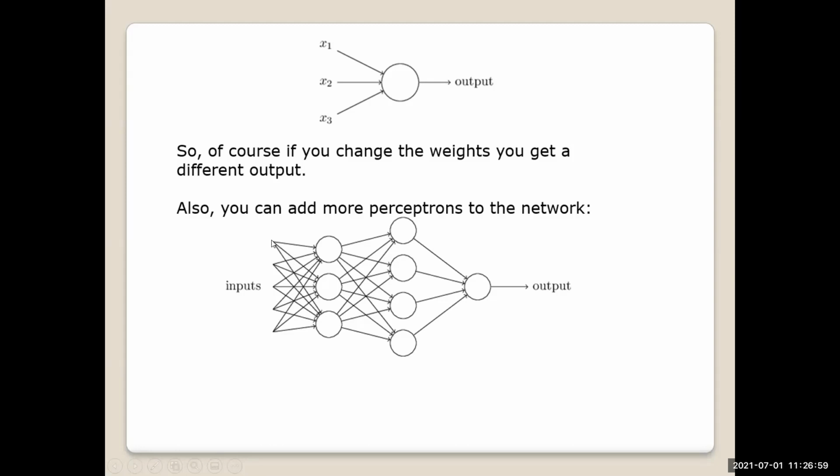So although the input x1 goes to all three of these, we'll have different weights. This might have a weight of 1, this might have a weight of 5, and this might have a weight of -10. So you'll have 3 different weights, even though it's the same input. Anyway, that's the structure.